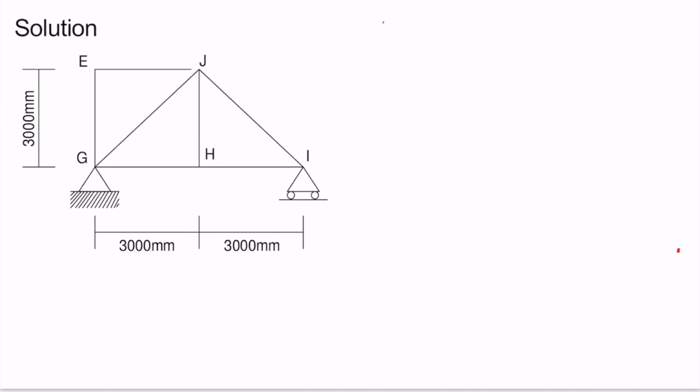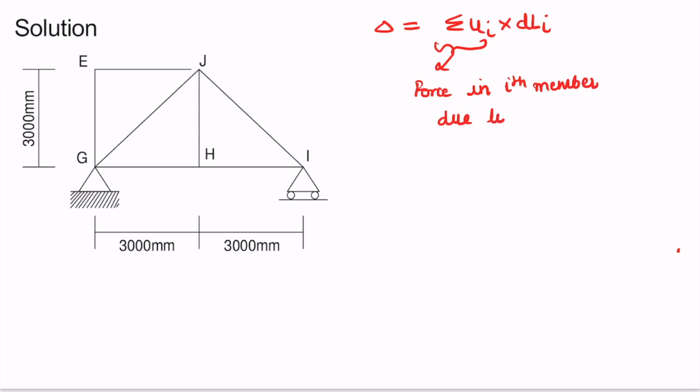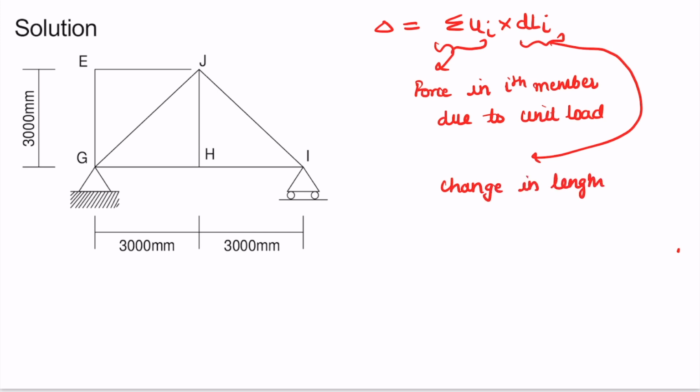So according to the unit load method, the displacement of any joint is given by summation of Ui into delta Li, where Ui is the force in the ith member due to unit load, while delta Li is the change in length of the ith member due to external load.